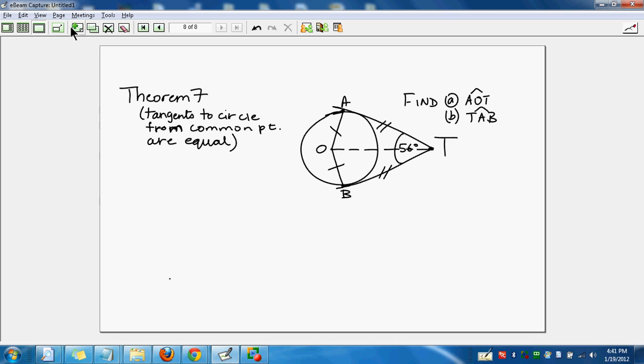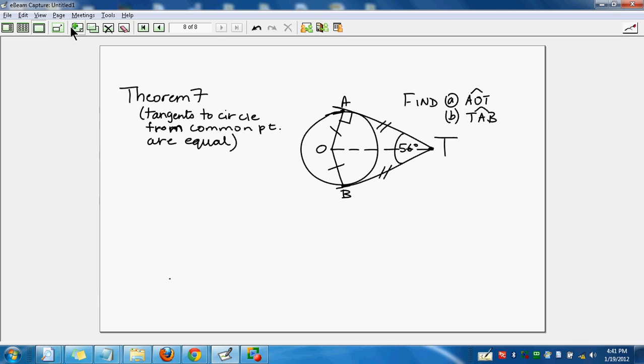Now the first thing we'll observe is that the angle OAT must be equal to 90 degrees, right? Because of the previous theorem we did, which says that the radius and the tangent at the point of tangency intersect at 90 degrees.